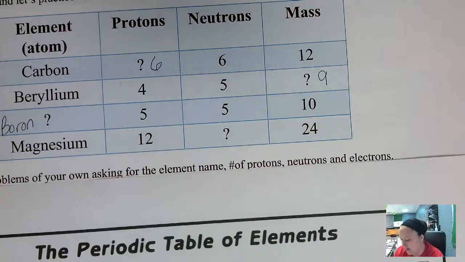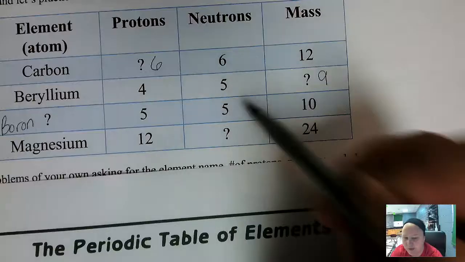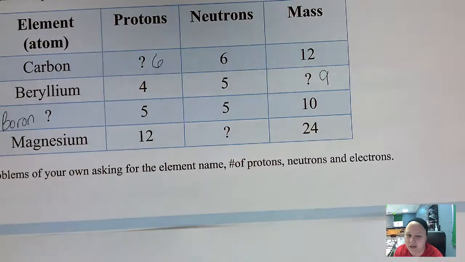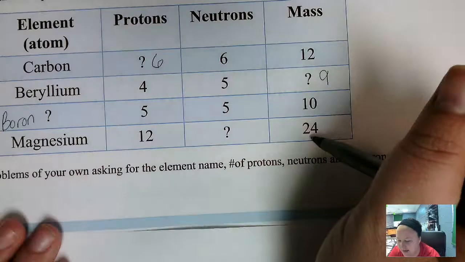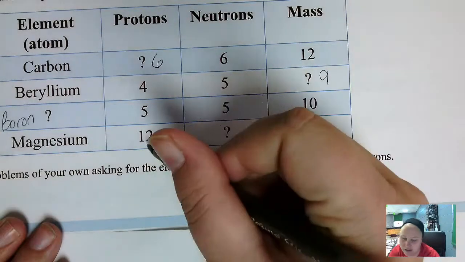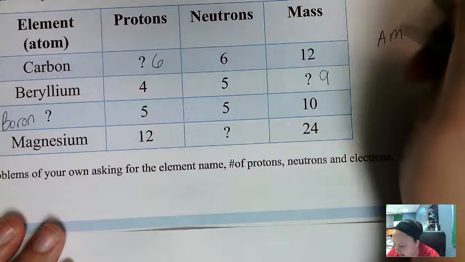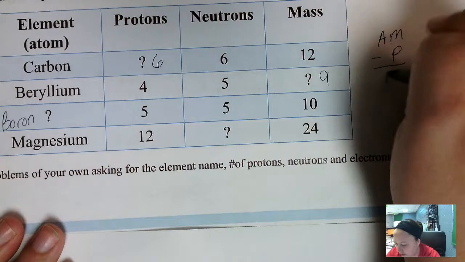And then the last one, we're looking for neutrons. So we have to do the math on this one. And we don't have to look at the periodic table for this one, because we have the mass and we have protons. And if you remember, the atomic mass subtract protons gives you neutrons.